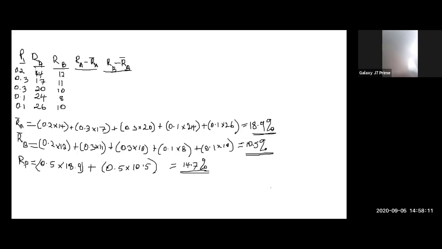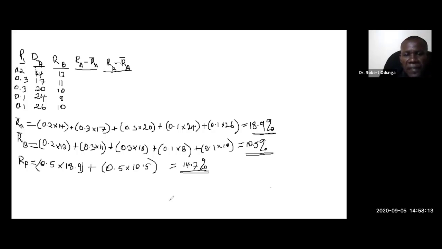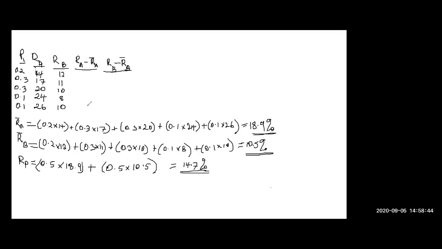All right. So now we want to go into determination of risk. We've been able to determine the return of each individual investment in the portfolio, and now the return of the whole portfolio. So we also want to determine the risk of each individual investment, as well as the risk of the portfolio.